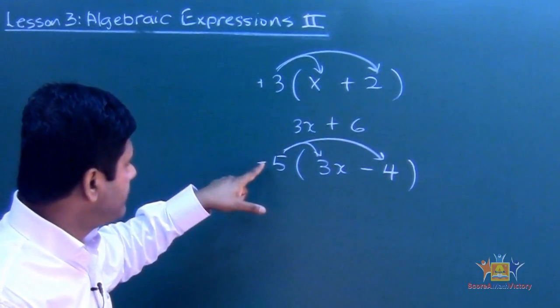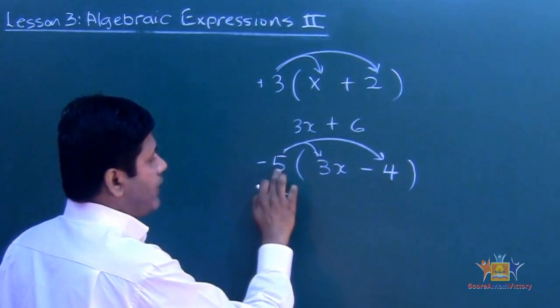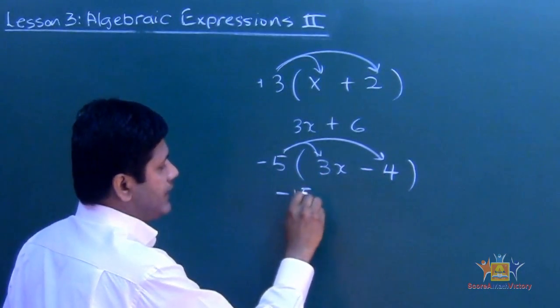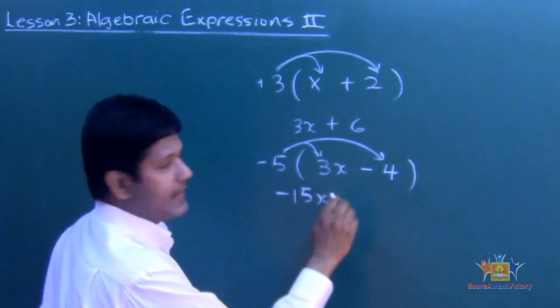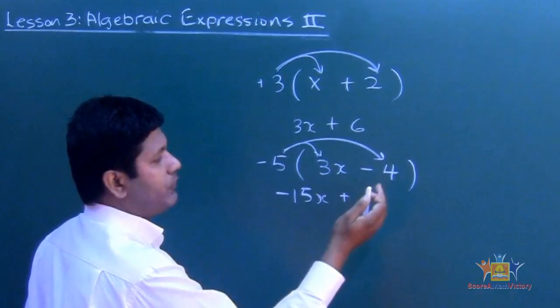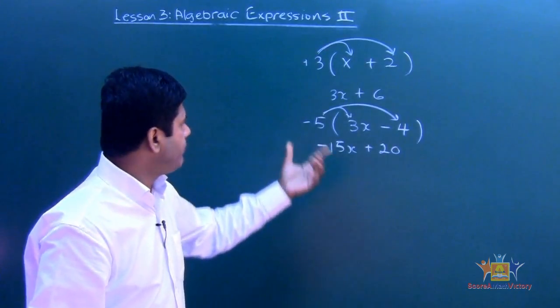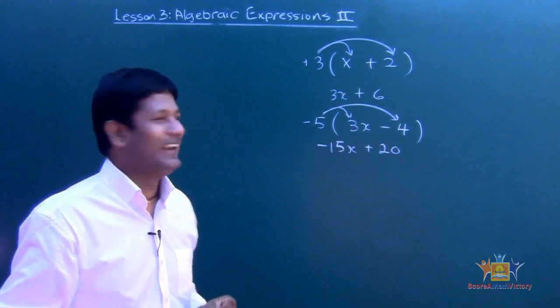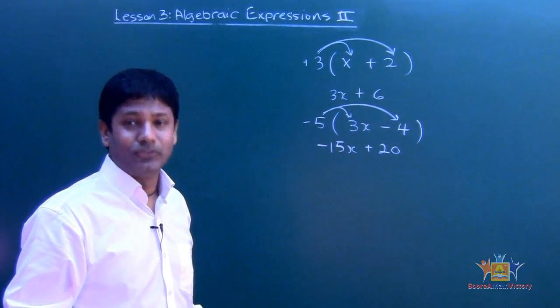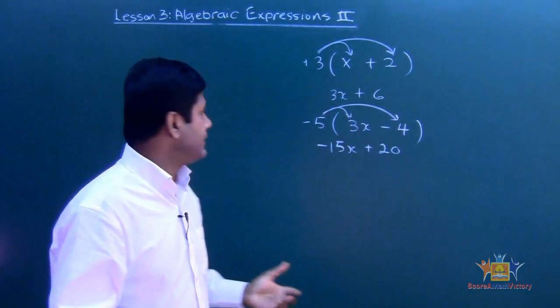Multiplying negative with positive will give me negative. 5 times 3, -15x. And then you're going to multiply with that one. Negative times negative is positive. 5 times 4, very good, +20. So very important, pay attention to the negative sign. Don't forget that when you see a negative. When you distribute, you've got to pay attention to that.